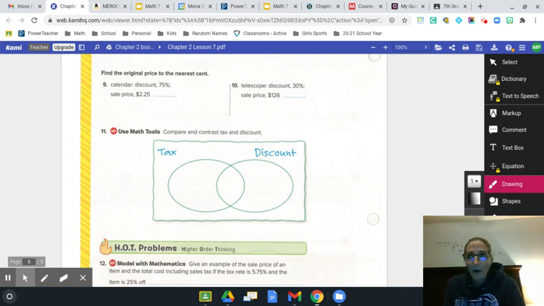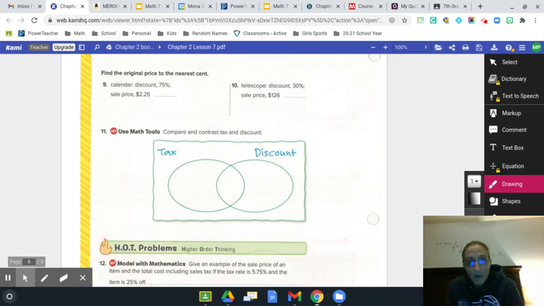So think about and have a small discussion, maybe in your crew or with one other person. What's a difference that tax and discount have? How are they opposite of each other? And then what is something that's similar between the two of them? So again, thinking about filling out that Venn diagram, what could you write down? What could you say? And you can jot some notes in there if you'd like.